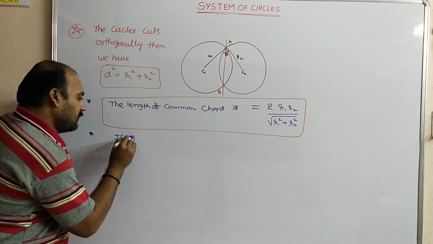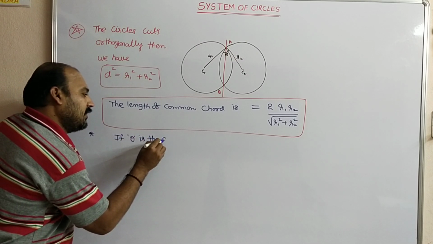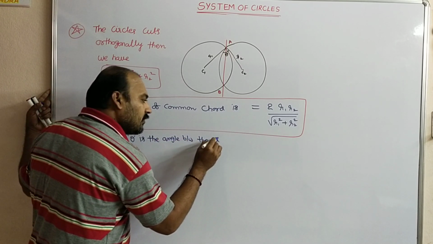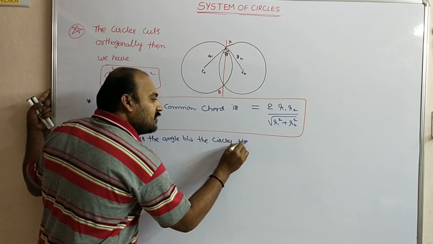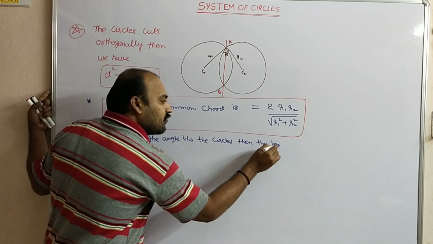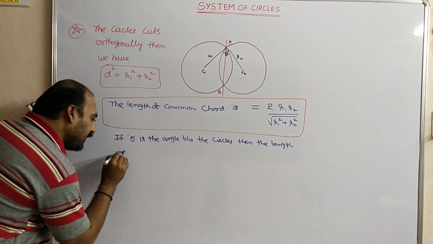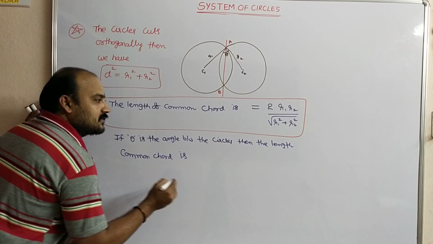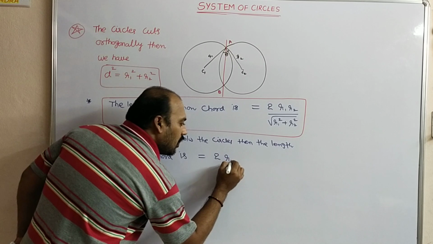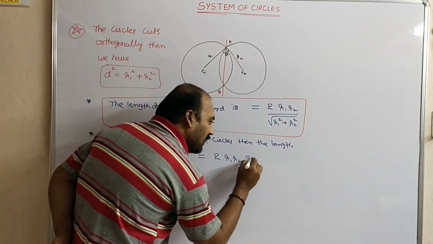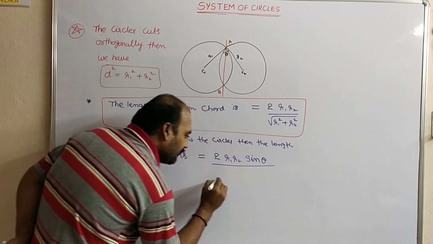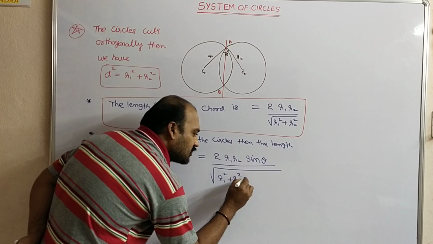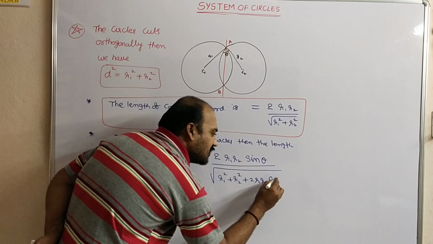If theta is the angle between the circles, then the length of the common chord is 2 into R1 R2 into sin theta divided by root over R1 square plus R2 square plus 2 R1 R2 into cos theta.